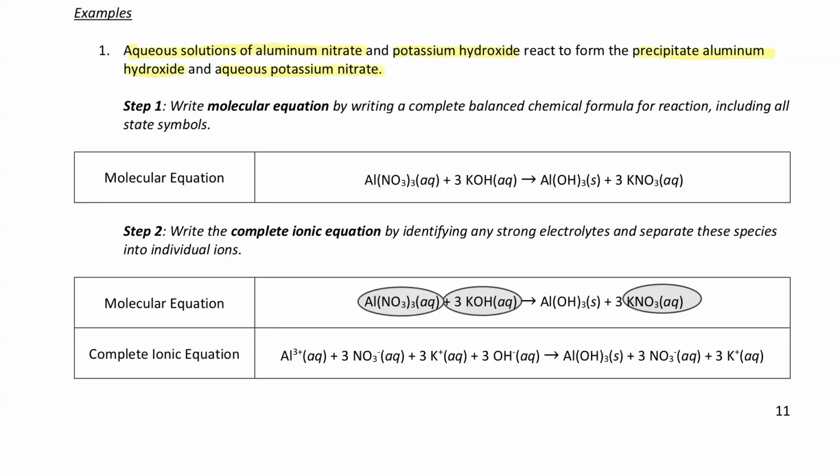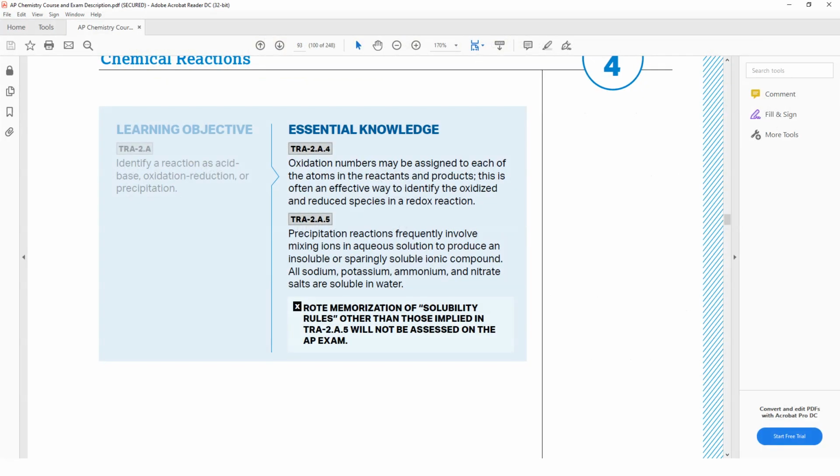Now, I'm going to pull up really quick the AP document that has the official essential knowledge from AP, and I want you to notice here this last little piece. This is from objective 4.7. This is types of reaction. But it says here that precipitation reactions frequently involve mixing ions in aqueous solution to produce an insoluble or sparingly soluble ionic compound.